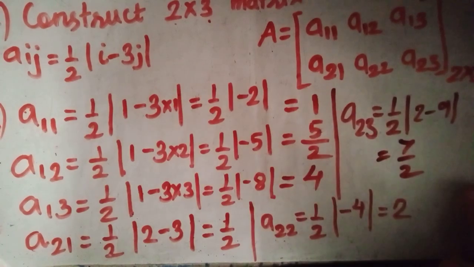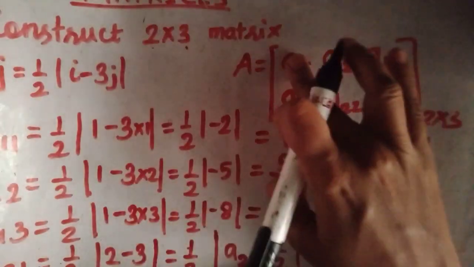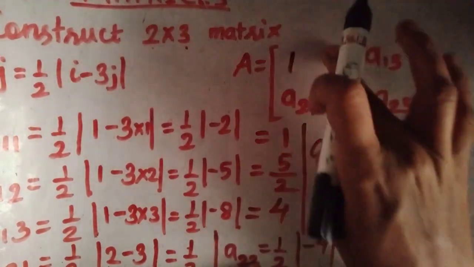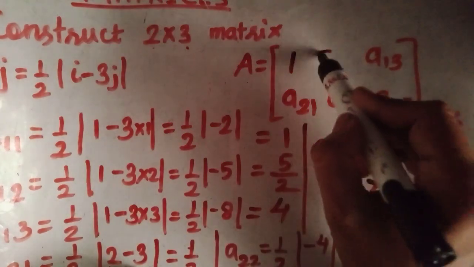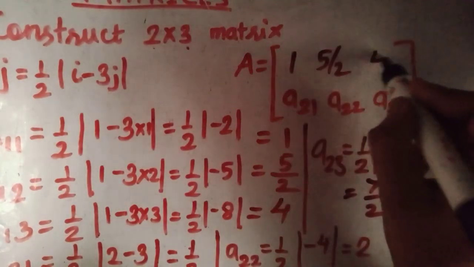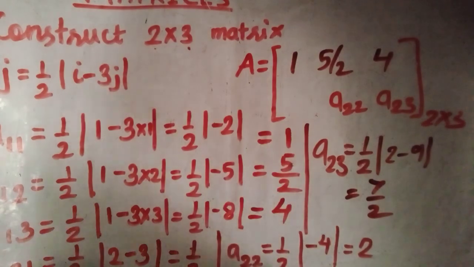Now you have to write the entries. In place of A11, you will get 1. A12, you will get 5 by 2. A13, you will get 4. A21, you will get half.